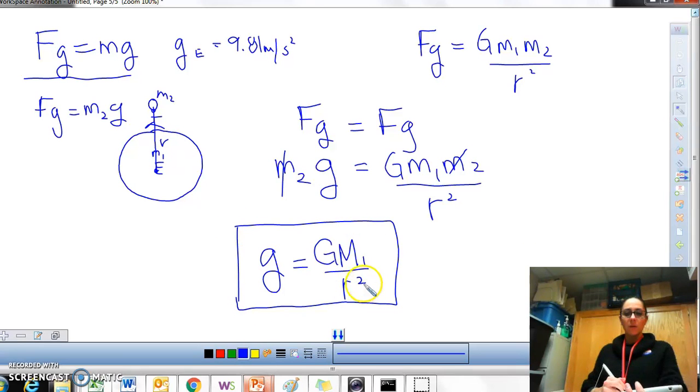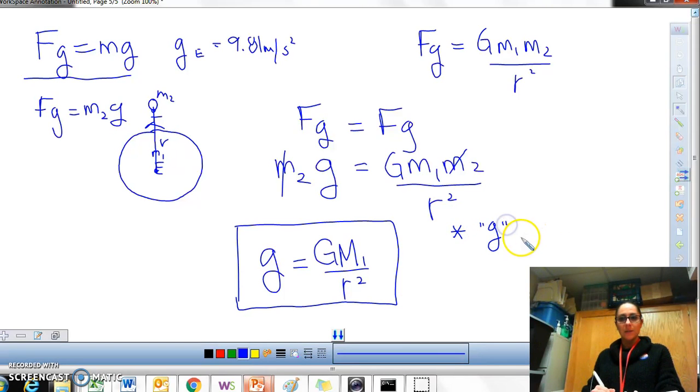Some of the important things that we're going to get from this: number one, g is dependent on the massive object, or the central object.